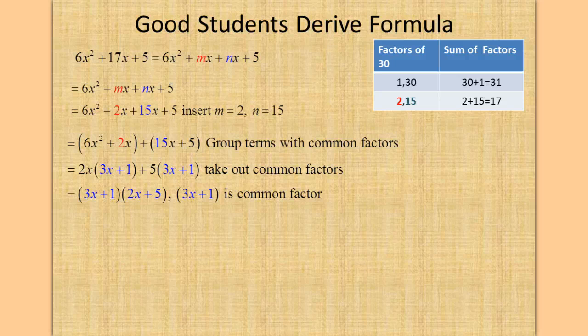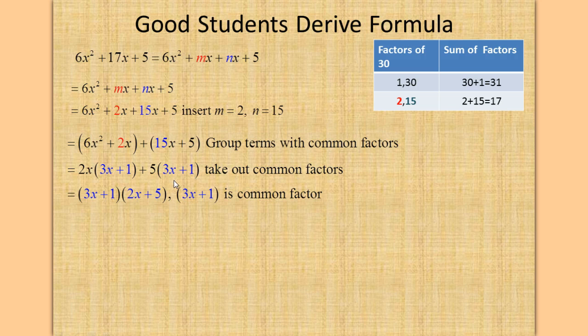Then we take out the common factor, which is 2x here. So you take a 2x out of here: 2 times 3 is 6, and x times x is x squared. And 2x times 1 is 2x. And over here we take out a 5, which is a common factor: 5 times 3x is 15x, and 5 times 1 is 5. So it's 3x plus 1 here, and there's a 3x plus 1 there.